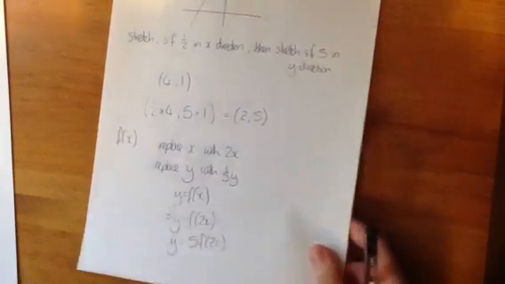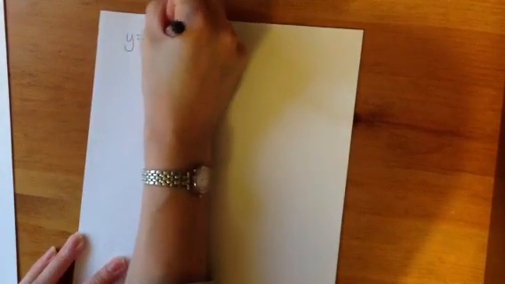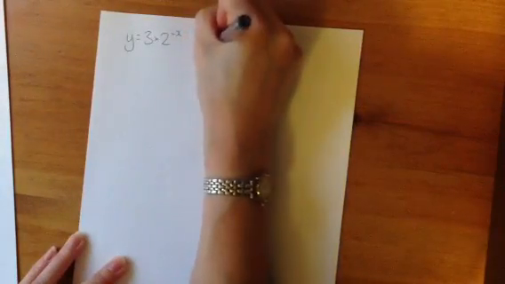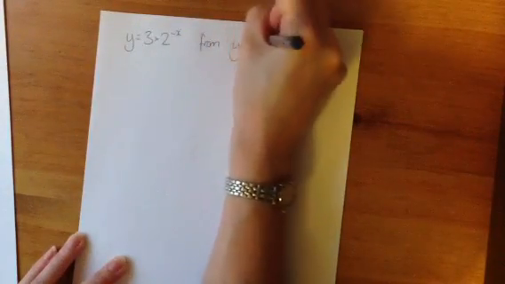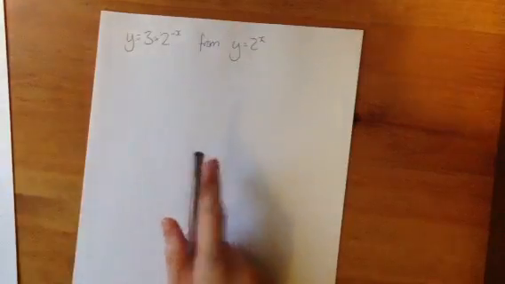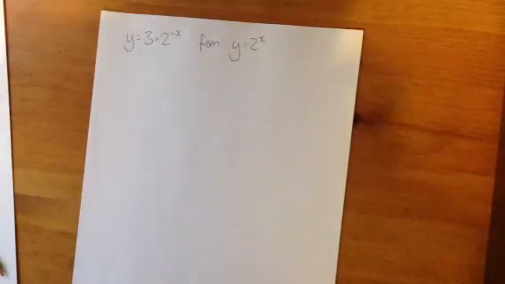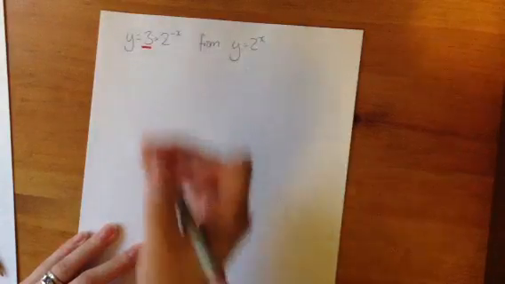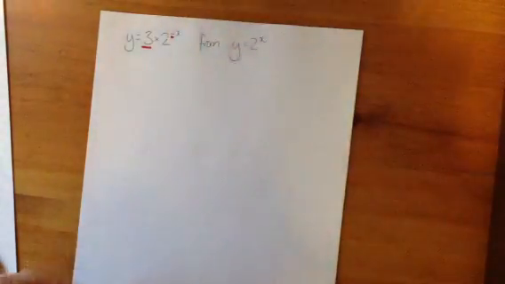Sometimes they might want you to work backwards though, so we're going to have a look at one of those. If you've got, let's go, y equals 3 times 2 to the minus x, we're trying to figure out how we got there from y equals 2 to the x. So the first thing you're going to look at is what are the differences. So at the moment we know that the 3 part is different and the minus part is different.